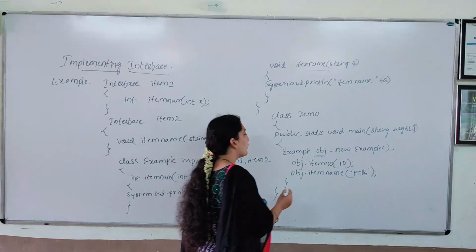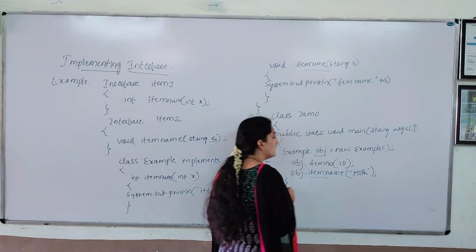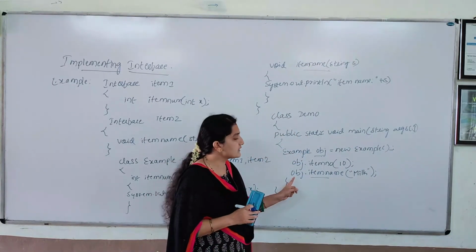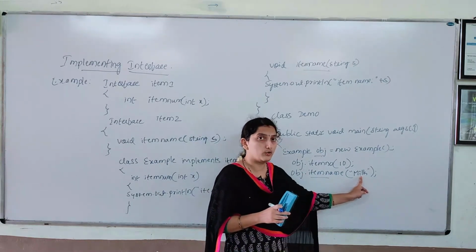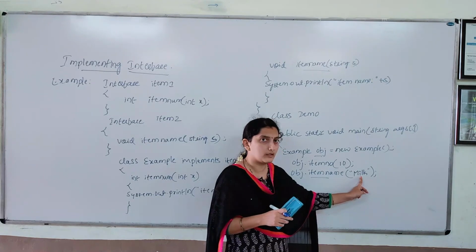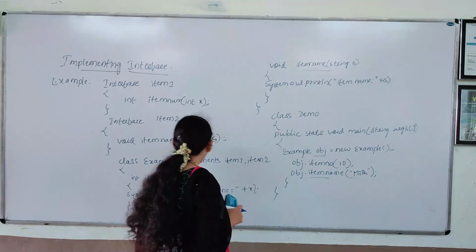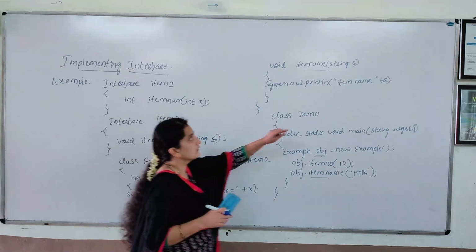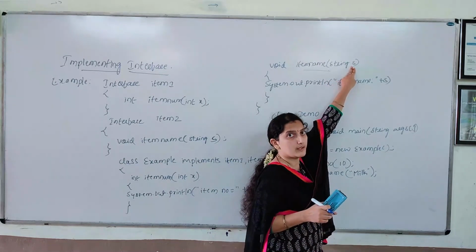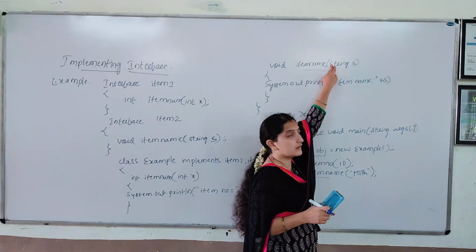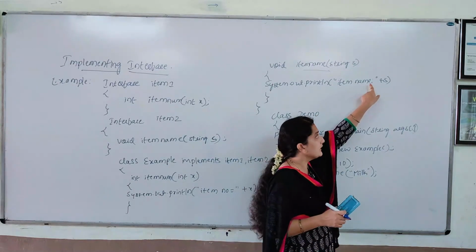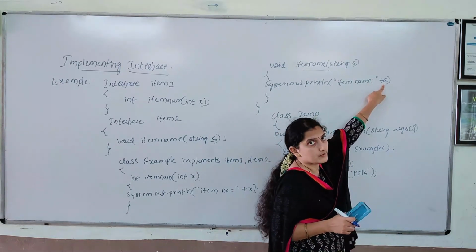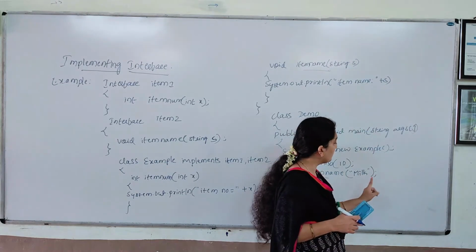Then after that I am calling the item name method by using the same object, and I am passing one name value for item name, that is milk. This will be the value of s, which is of type string. Now it prints item name and it concatenates the value of s. What is the value of s currently? Milk.